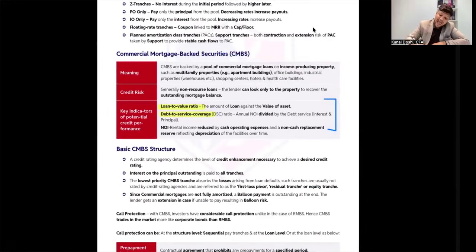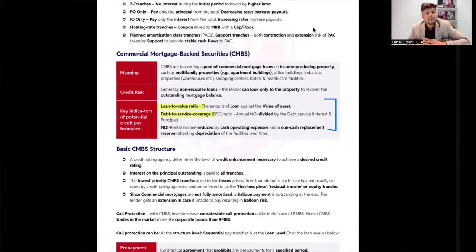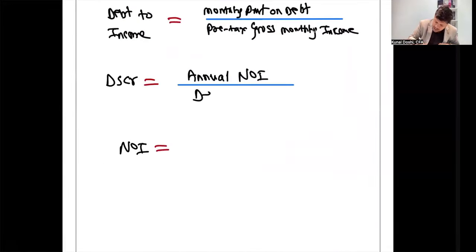So we take the annual NOI, and I will discuss what is NOI, net operating income from a commercial property. But debt service coverage is annual NOI divided by what? The debt service. Debt service can be only interest, can be interest or principal, everyone. So it is called debt service.